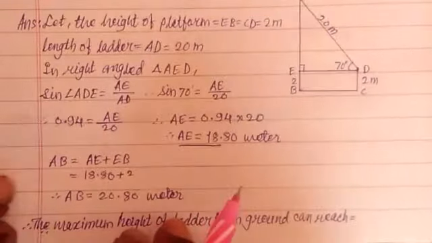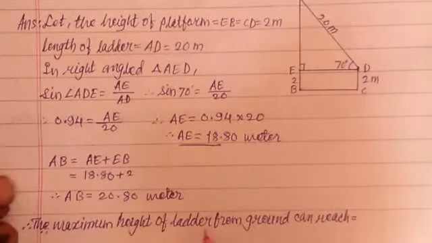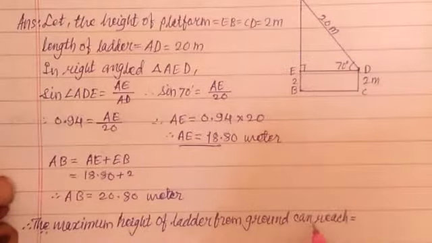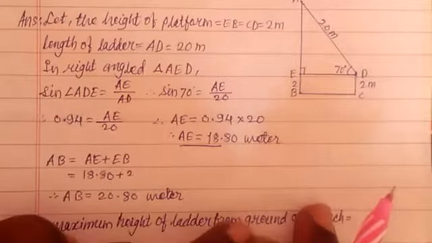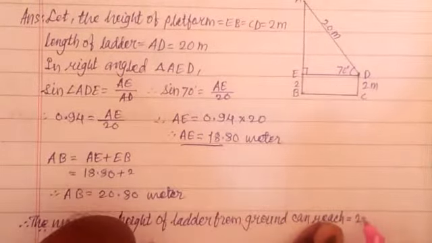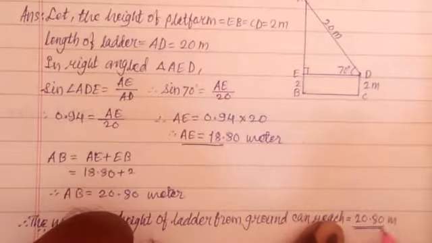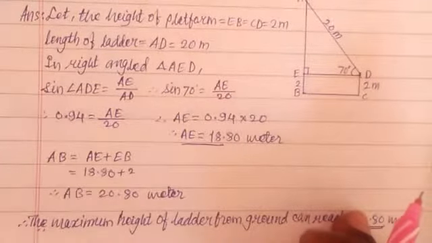And hence we can write the maximum height the ladder can reach from the ground is 20.80 meter. This is the answer.